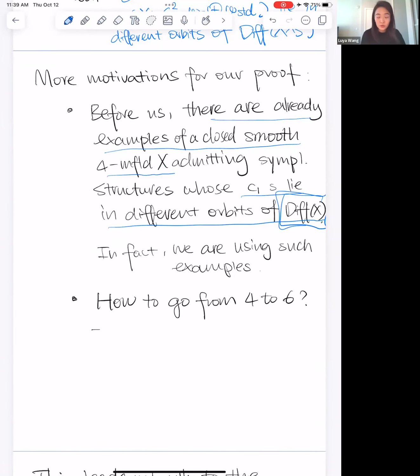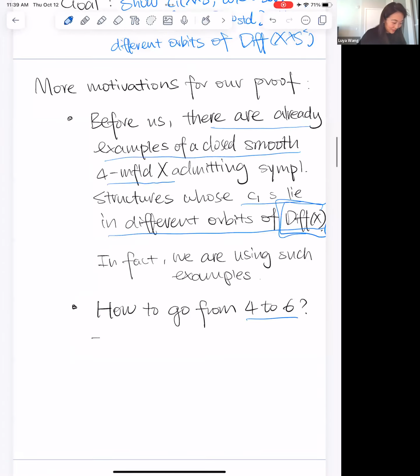And in fact, we do use those examples. And the difficult part is to go from four dimensions to six dimensions. Okay, I forgot whether in the conjecture I stated it, but yeah, we're only looking at four manifolds stabilized to six manifolds, and that was where the conjecture was stated. Sorry if I missed the dimension in my statement of the conjecture. Okay, so how do we go from 4 to 6?